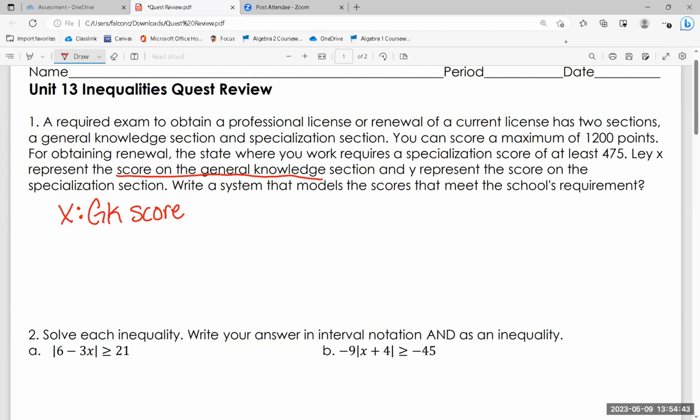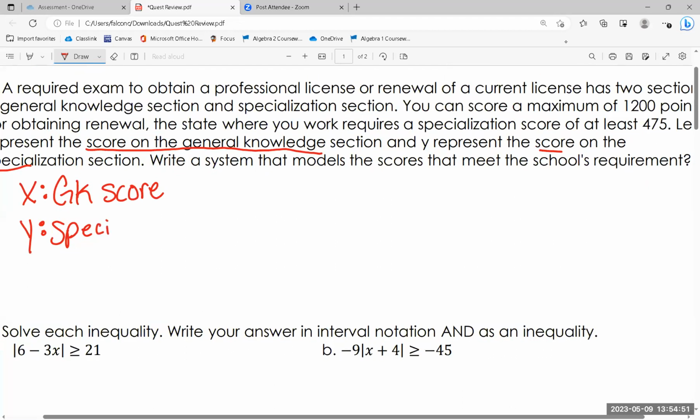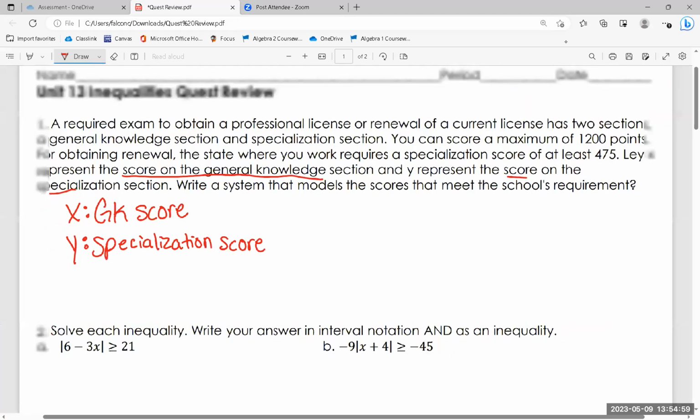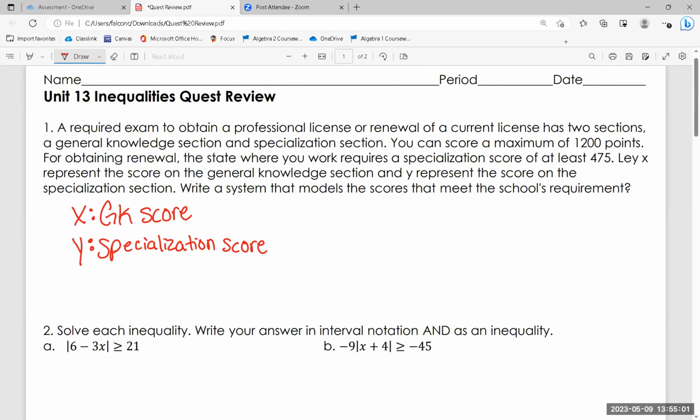And then Y is the score on the specialization section, the specialization score. So they want us to write a system.